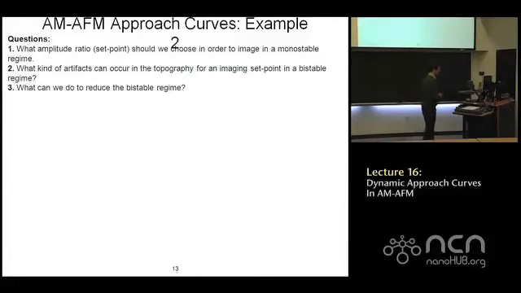And the second one, the follow-up question, is what kind of errors and artifacts in topography can be encountered by imaging in a bistable regime? And then third, what can we do to reduce the bistable regime?